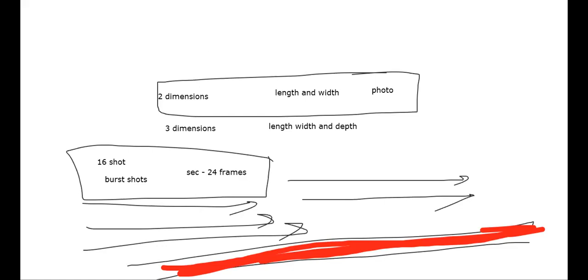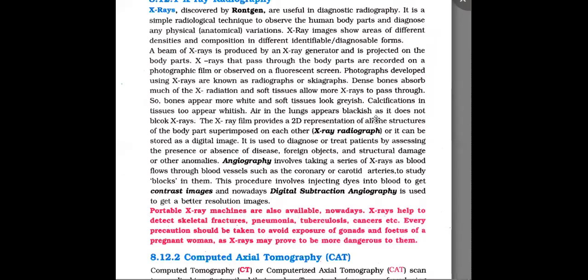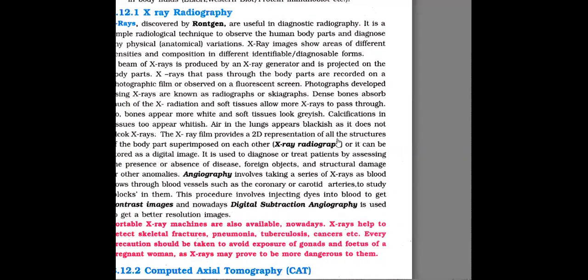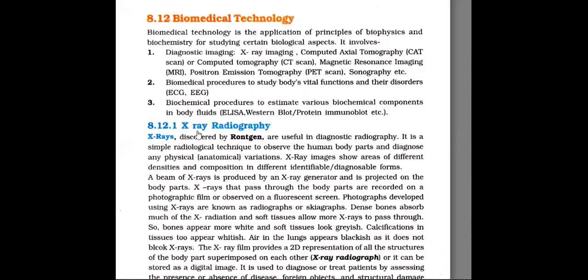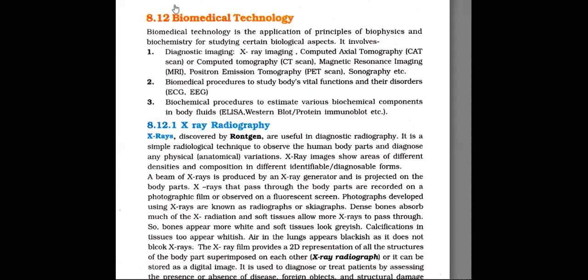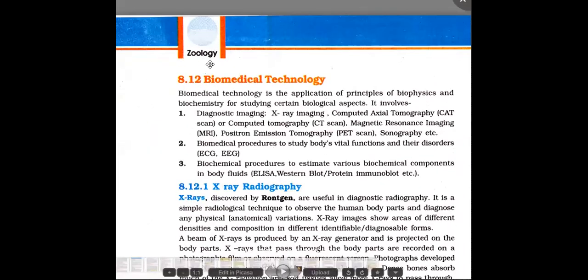Okay, so this is X-ray radiography. Before we close this, let me say once again. One more is given here, the portable X-rays. Nowadays, X-rays are easily available, isn't it? Portable X-rays are available nowadays, and ambulances also can use these kinds of X-rays.